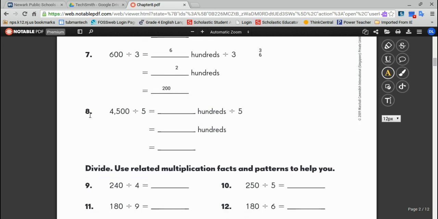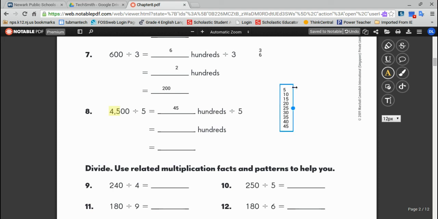So let me show you what I mean by that. On number 8, we have these zeros at the end. So instead of dividing all these numbers, we're just going to take the first two numbers because we know that 4,500 is just 45 hundreds. So we're just going to divide that 45 in front. So 45 divided by 5, let's count our 5 multiples. 5, 10, 15, 20, 25, 30, 35, 40, 45.